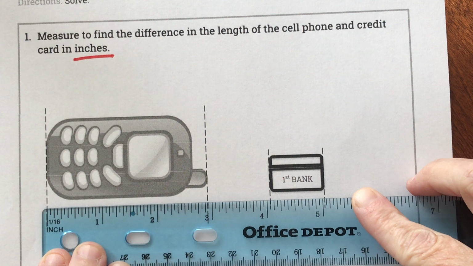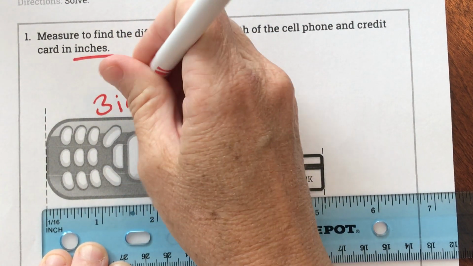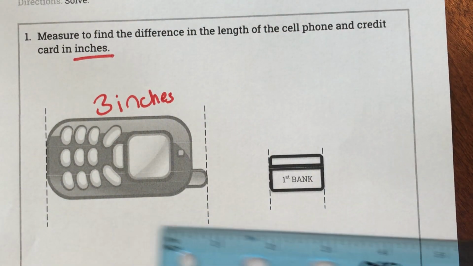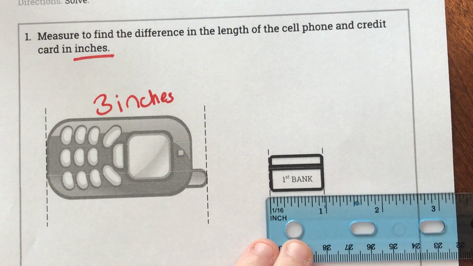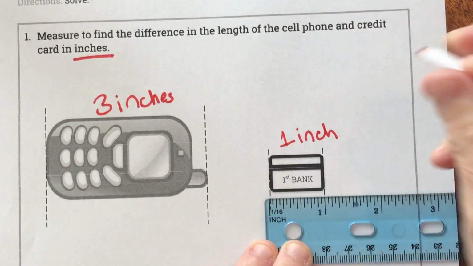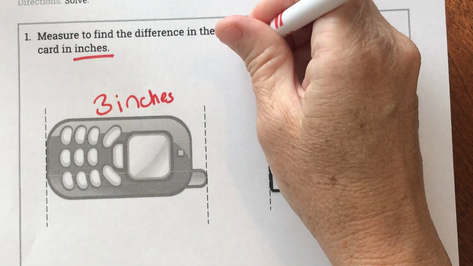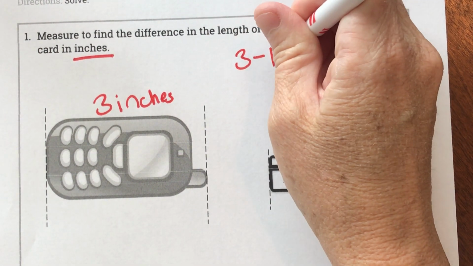So my cell phone looks like it's about 3 inches. And my credit card looks like it's about 1 inch. So my problem is, if I'm going to find the difference, it's going to be 3 minus 1.